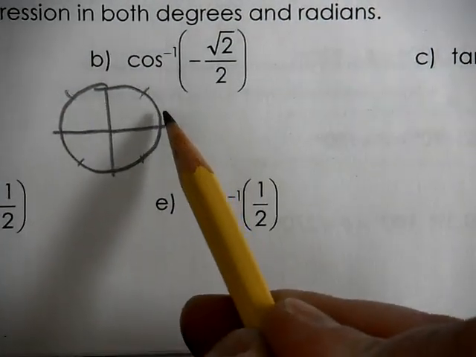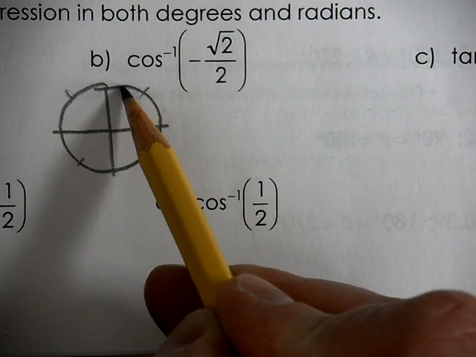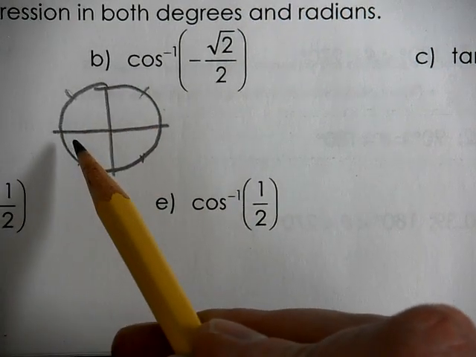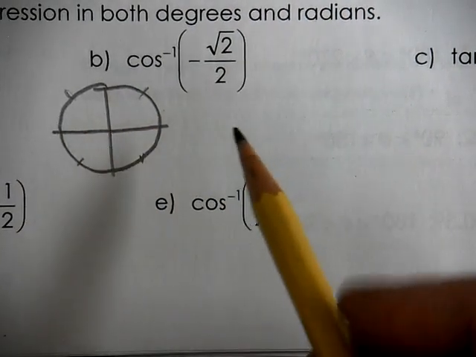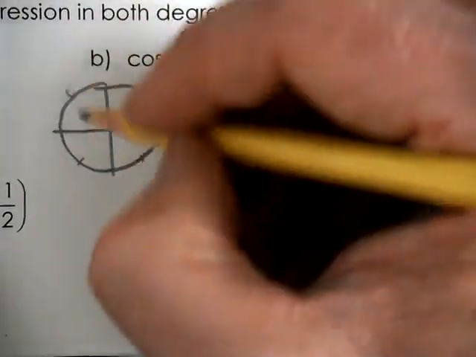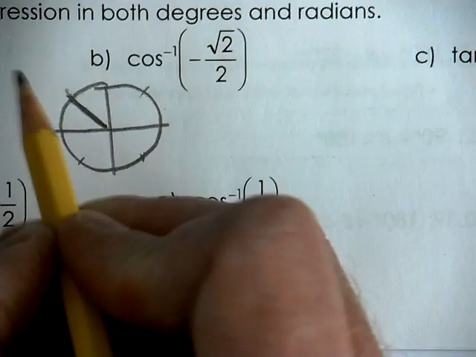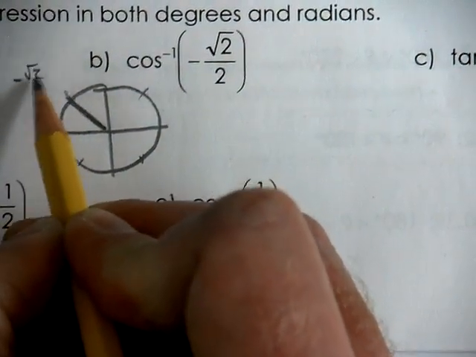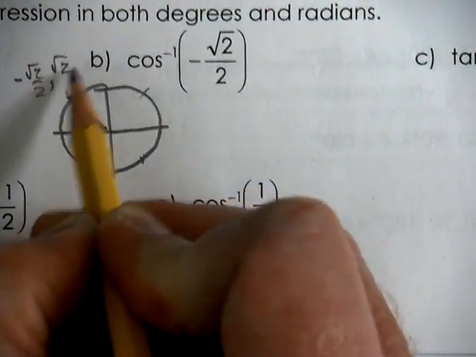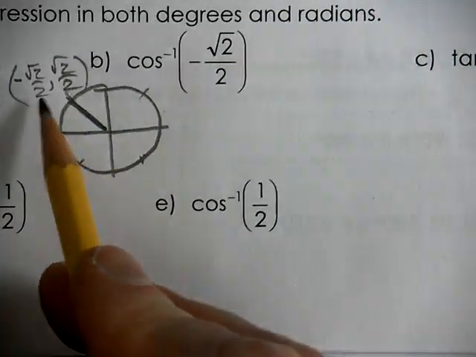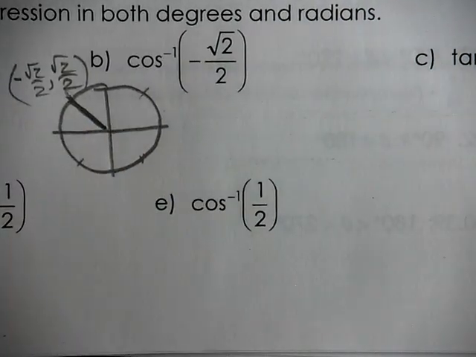All the other ones, the 30 and the 60 from the x-axis, is always half and root 3 over 2. So negative, of course, is going to come this way. For a negative root 2 over 2, positive root 2 over 2, that would be your coordinate at this location.